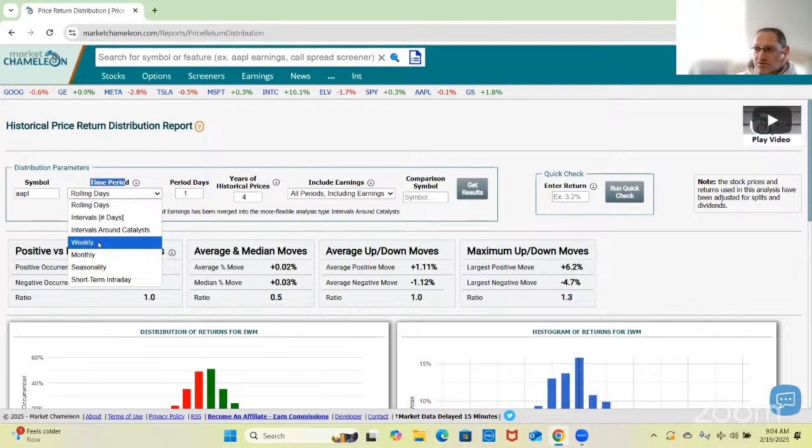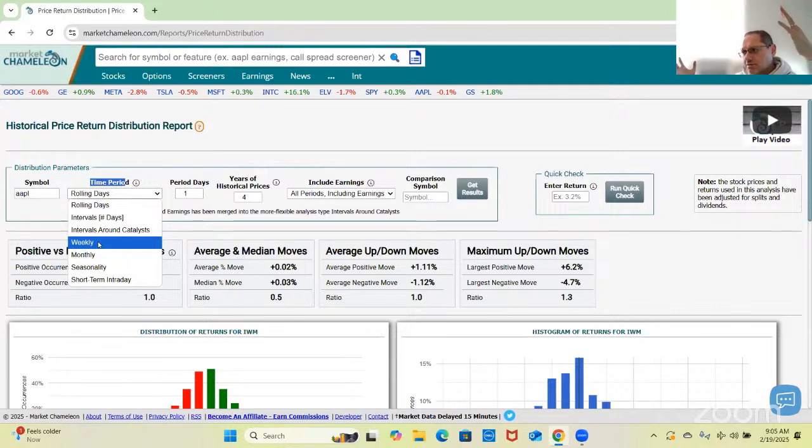How does Apple tend to do, like from Monday to a Friday, over a week, or like from previous Friday's close to the next Friday's close? How does it do? Does it tend to go up? Does it tend to go down? What kind of movement do we get from one week to the next?